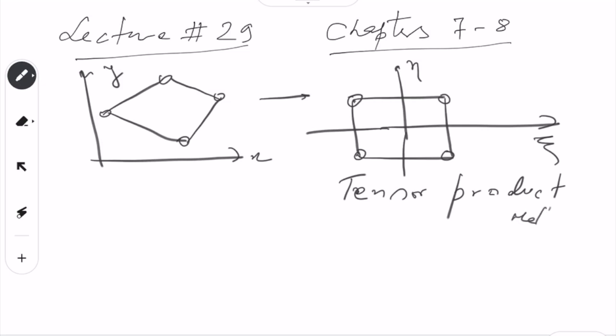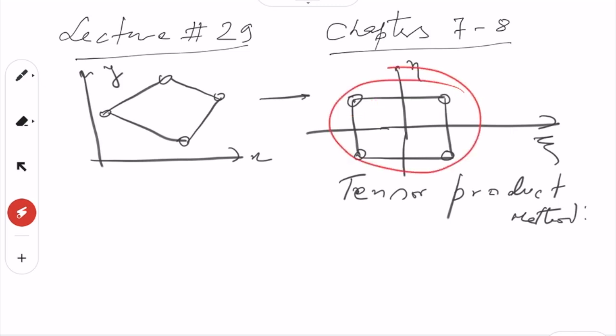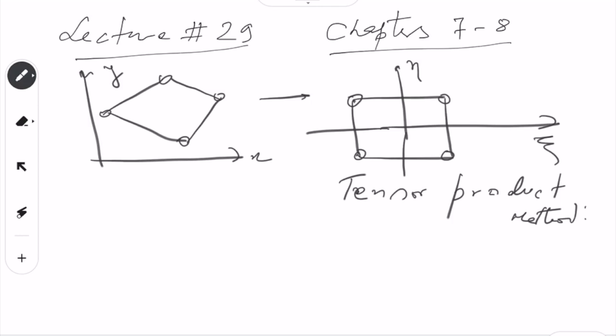Since the element has a 90-degree angle between two sides, it is easy to design such that Ni, for example, we can write as follows.